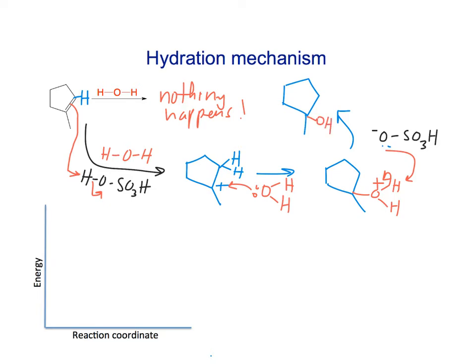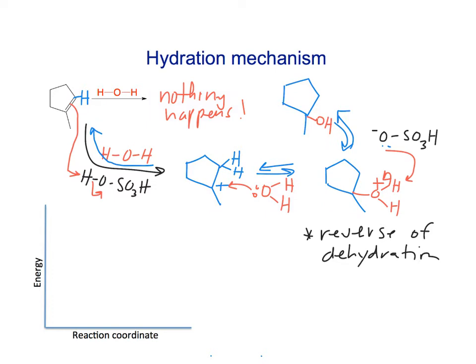Alright, so note that this is simply this mechanism. In fact, we should draw all of these steps as being reversible. And this reaction is just the reverse of the dehydration reaction. Right?